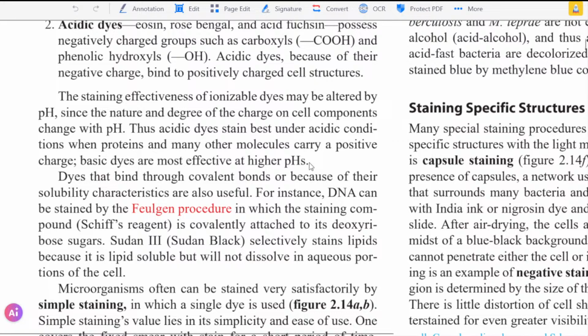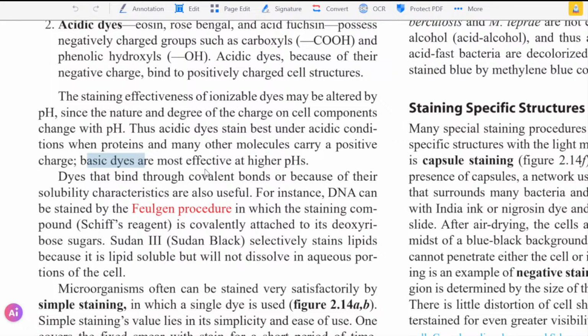That means the positive charge will be in low quantity, and they are saying that basic dyes work effectively because there will be no interference with the cell. Basic dyes are positive, so there will be no interference at higher pH.